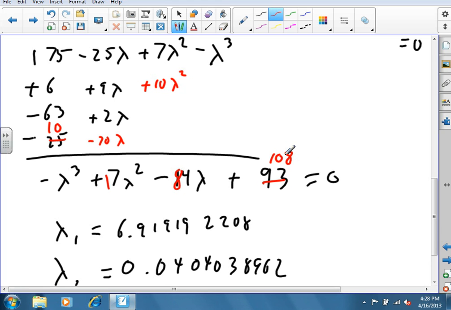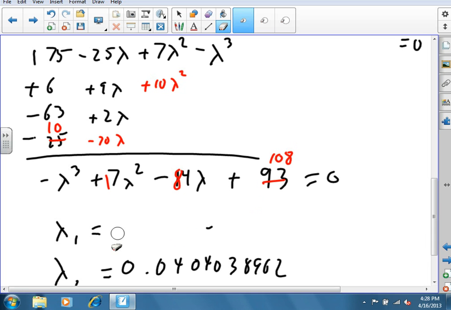Second function polynomial solver, third degree polynomial. Okay, minus 1 is correct. 17, minus 84, 108. Solve. Oh, look at this. I don't believe it. Lambda 1 is 9.